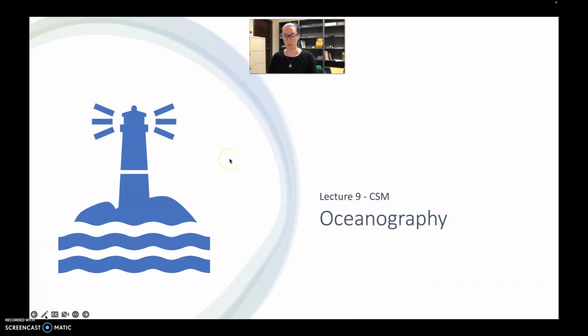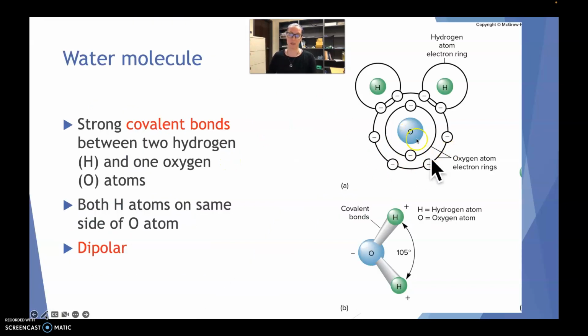Because of that, we have some excess negative charge on one side at the oxygen and excess positive charge on the other side at the hydrogen atoms, and that's what this bottom graphic is attempting to show.